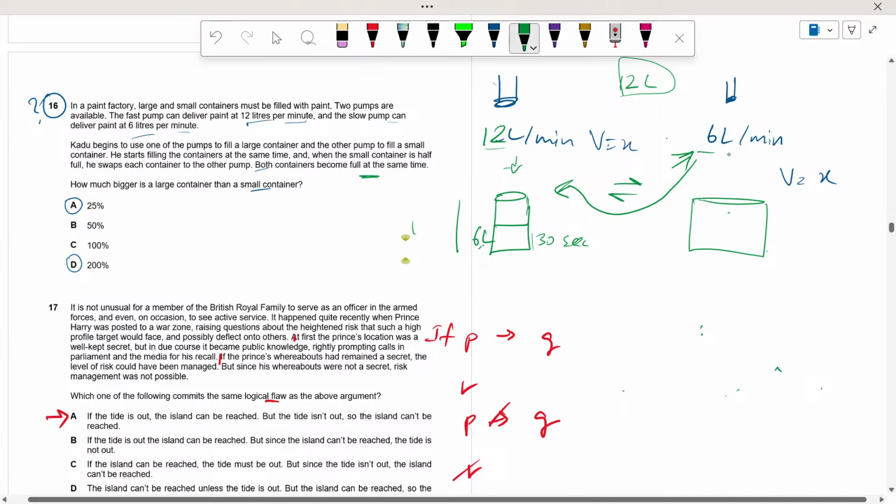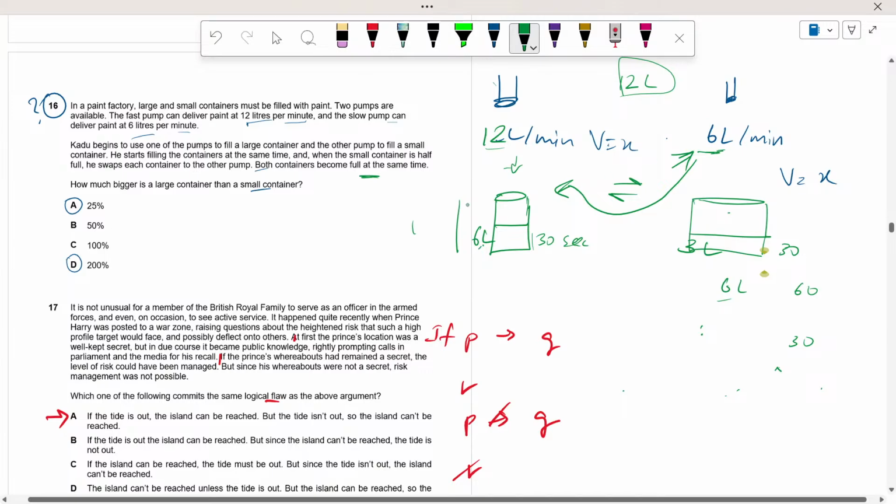If it's 6 liters for 60 seconds, for 30 seconds it'll be 3 liters, isn't it? Okay, for the larger container, for 30 seconds, it'll be 3 liters.